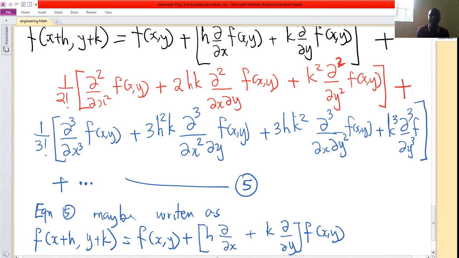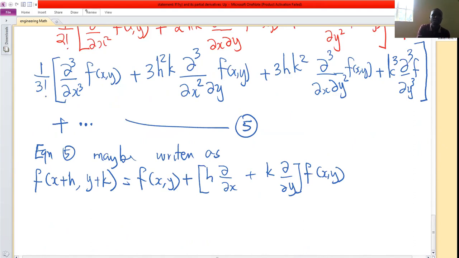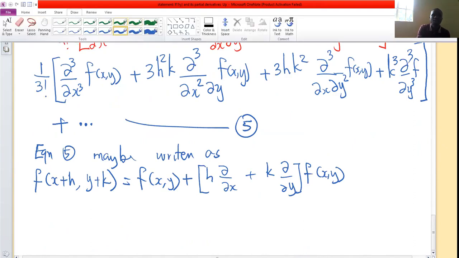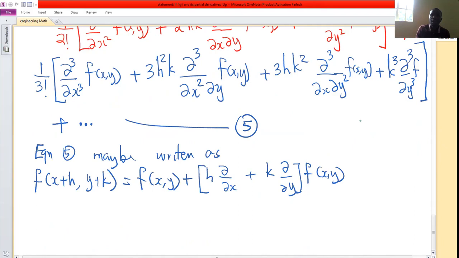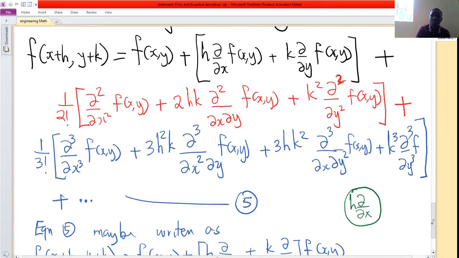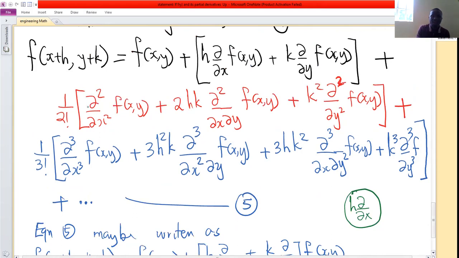And then this one here, to explain what is happening for these second order partial derivatives. Remember there was an h squared here.